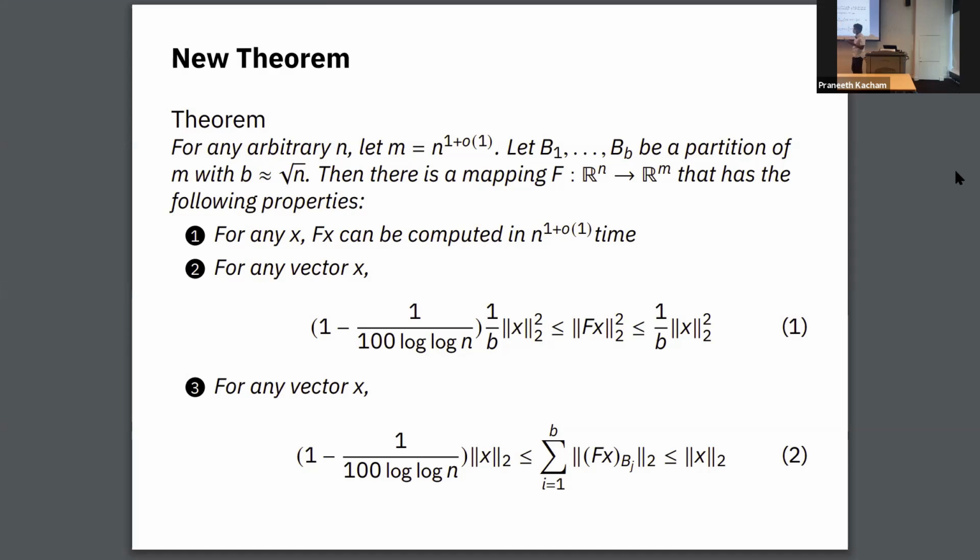So you start with a unit vector, then the squared Euclidean norm of fx would be like 1 over square root n times 1. And for any vector x, as I said, you divide this fx into square root n equal sized buckets. If you add up the Euclidean norms of each bucket, then it will be close to the Euclidean norm of the vector you begin with. So say you started with a unit vector x, then if you add up the Euclidean norms of these buckets, you will get close to 1.